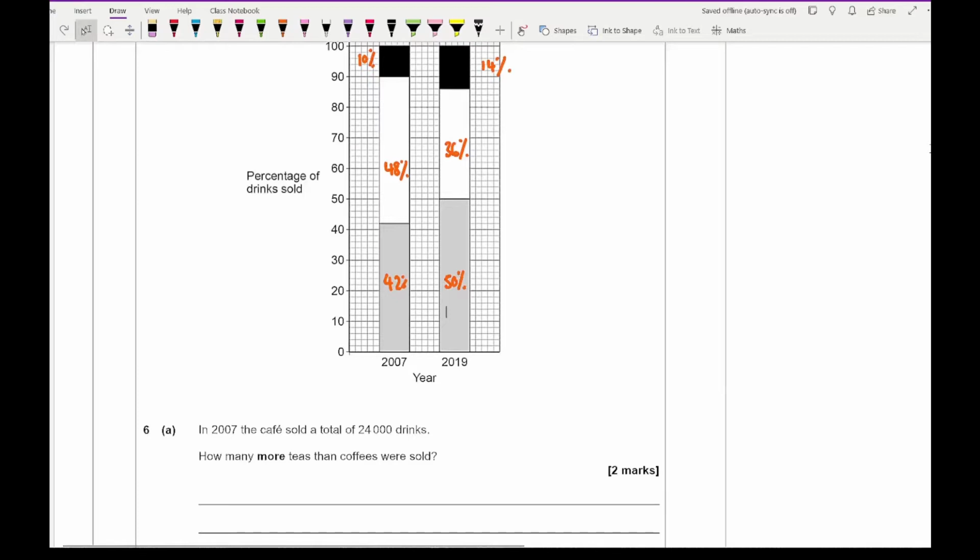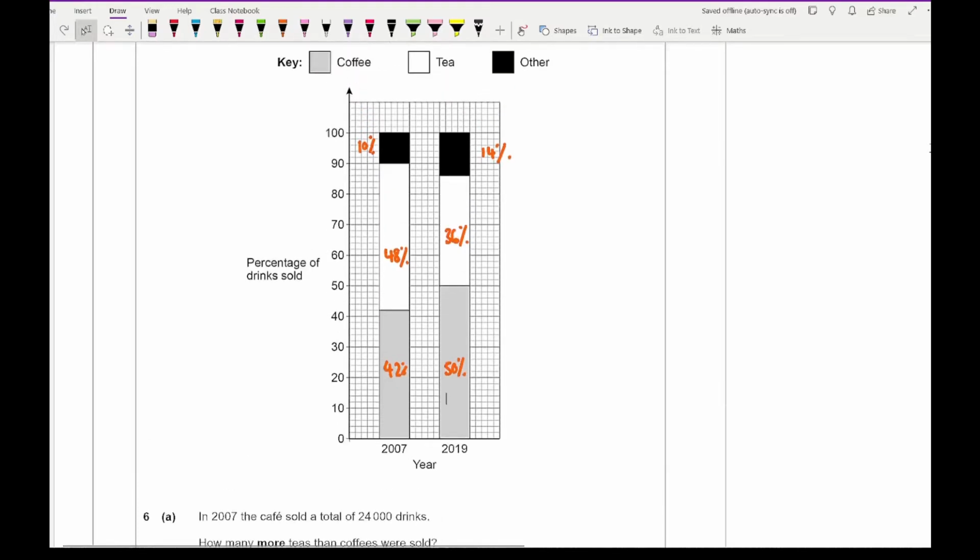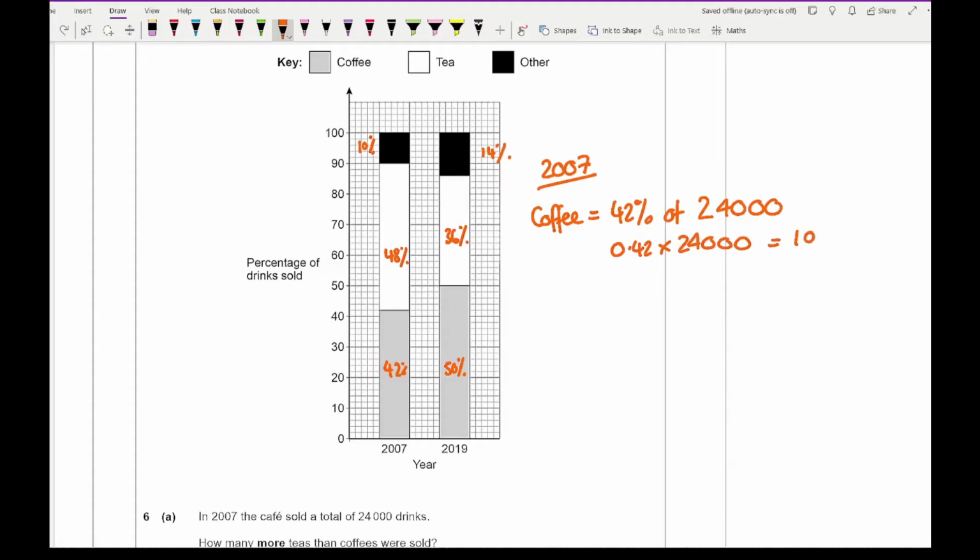So for part A, we want to compare the coffees and tea sold. In 2007, the number of coffees sold, which is the grey, is going to be 42% of 24,000, so 0.42 times 24,000, and it comes up to an answer of 10,080.